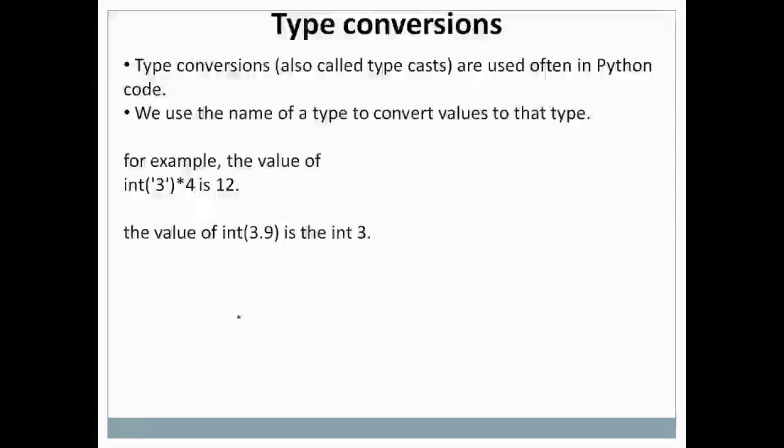Okay, next is type conversion. As we have seen, raw input always reads in the form of string. Suppose you want to read an integer by using raw input, what can we do? We again have a choice of type conversion. We can read it in the form of string, then convert it into integer.